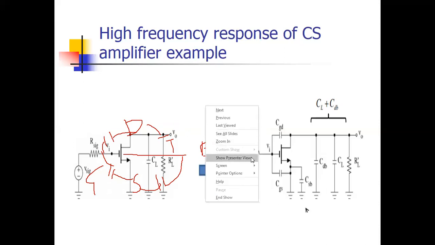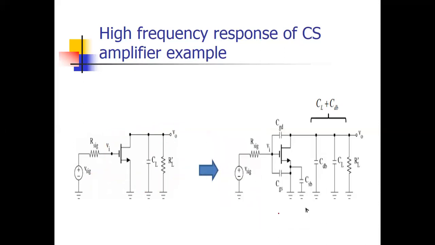Now how are they connected? Since CGD is connected between the terminals gate and drain, it will be definitely between gate and drain. Now the source is grounded, and CGS is connected between gate and source. The body terminal is ideally connected to ground, so body is also at ground and source is also at ground.